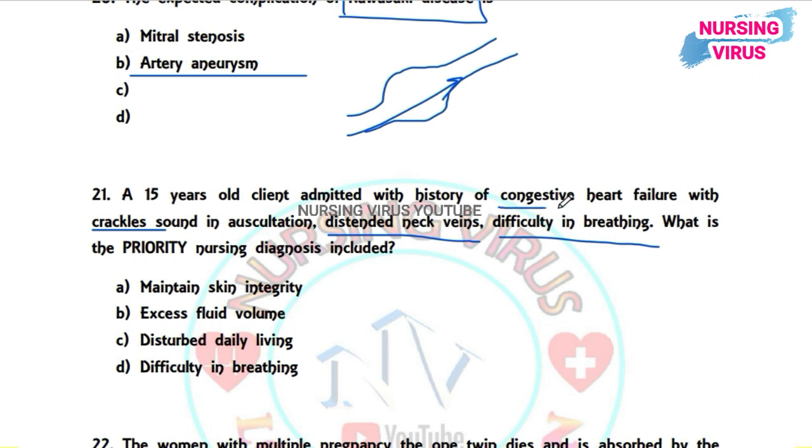In case of congestive heart failure, the cardiac system gets overloaded, so that's why the person has the major symptom of distended neck veins. So the important thing is we need to give importance to the excessive fluid volume. So we need to reduce the overloaded fluid.